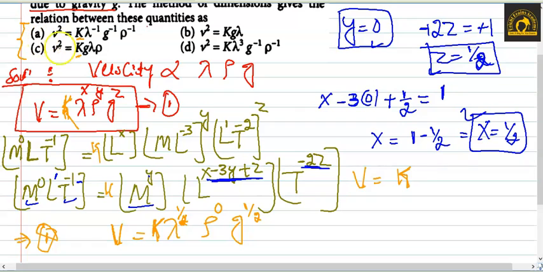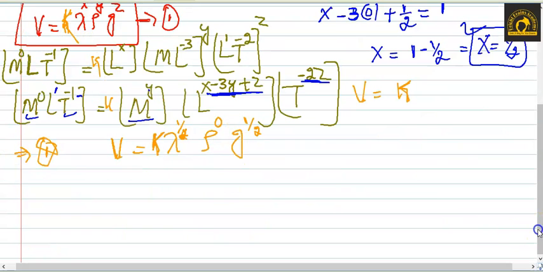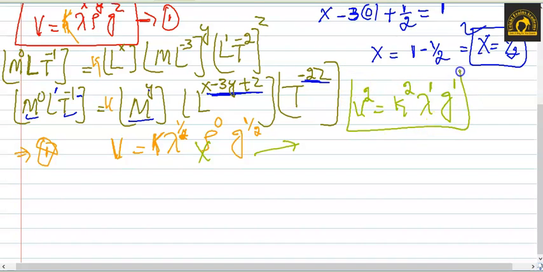Squaring on both sides, because the options are in square form. So squaring on both sides, V square is equal to K square lambda to the power 1, density to the power 0 which means it is 1, then acceleration due to gravity to the power 1. Okay, so this is the answer.